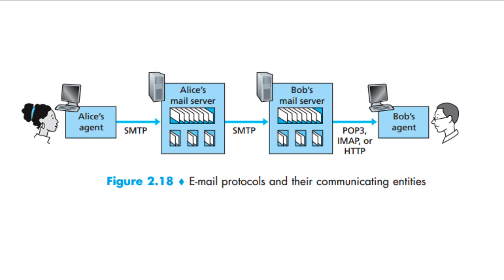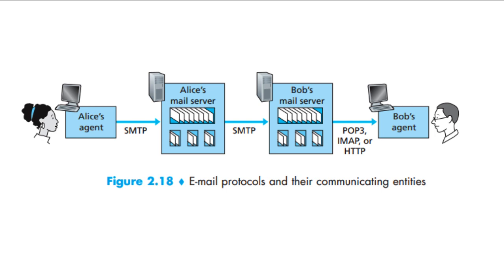By having Alice first deposit the email in her own mail server, Alice's mail server can repeatedly try to send the message to Bob's mail server, say every 30 minutes, until Bob's mail server becomes operational.